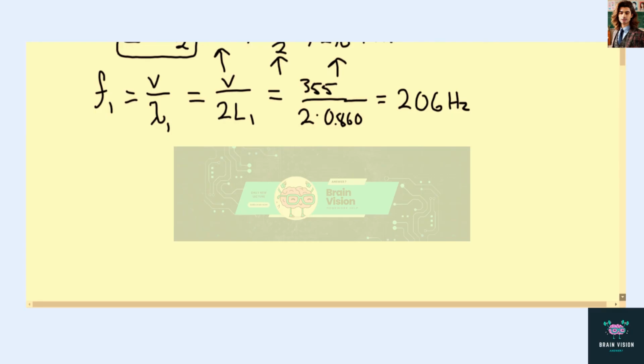From here, we are just trying to find all the harmonics of this fundamental that lie in the frequency range of 130 hertz to 2000 hertz. All you do here is multiply 206 by 2, 206 times 3, 206 times 4, etc., until you find a number that is greater than 2000, because that is out of the range of frequencies that we're looking for.